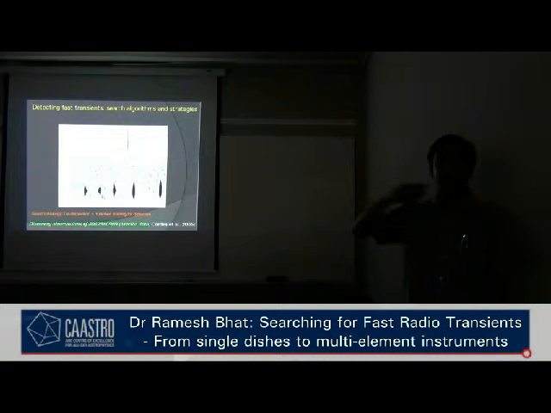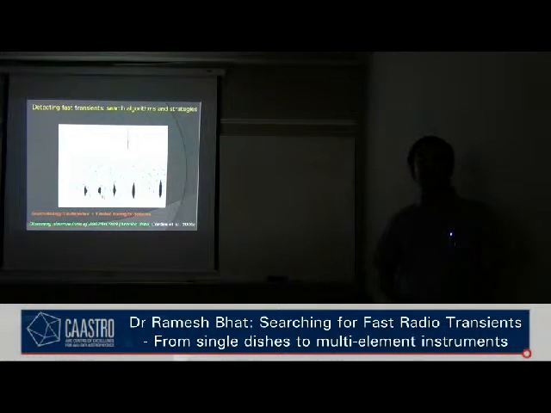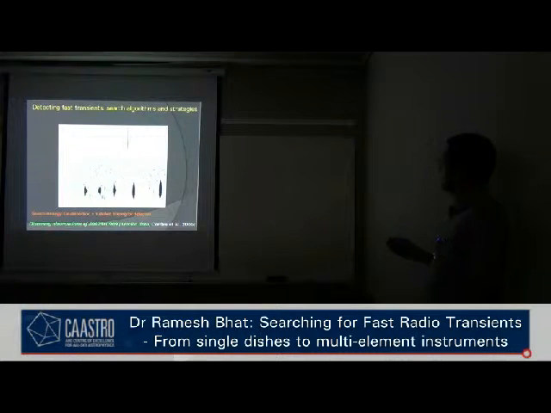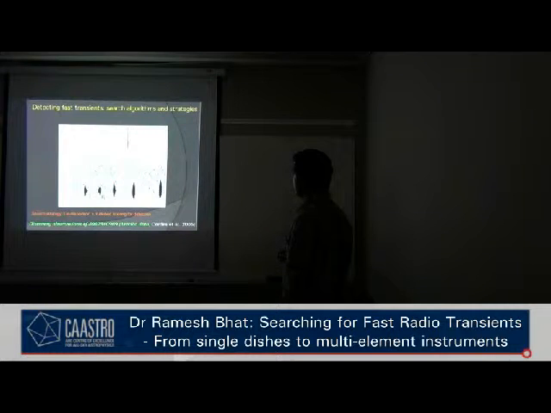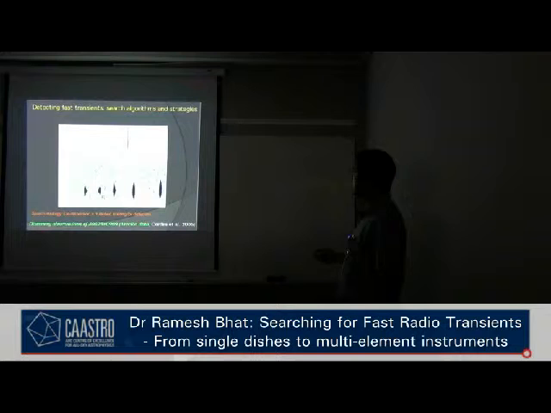We essentially sample the data at different levels of time resolution and see if there is a signal. And when you do that, anything that is astrophysical will have a very distinct signature: it will peak at the true DM of the signal, and when you move away from that DM, you will have the signal strength falling off rapidly, and that's what you will call an astrophysical event.